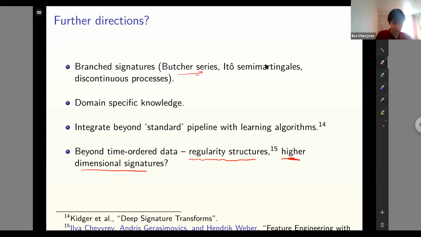I'm advertising a small work that I did in this direction very recently with two collaborators from Bath, Hendrik Weber and Andreas Gerasimovich. We definitely don't provide a complete answer to this problem, but we want to show that there's maybe something to look at in this direction. I think extending beyond time-ordered data would be a very interesting direction.